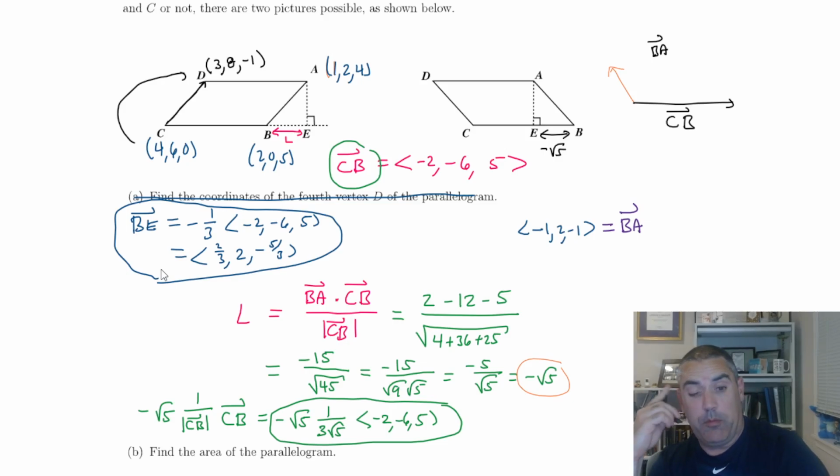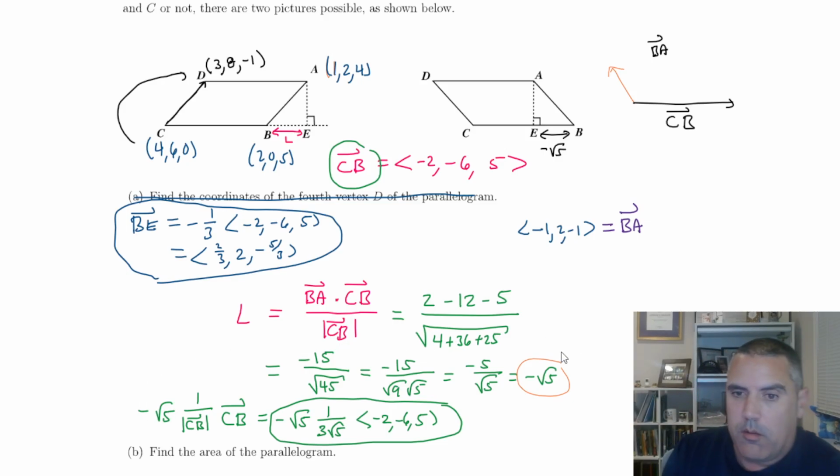And again, a formula would be fine. This is the component projection and this is the vector projection, but I really just think of it as a rescaling of that vector. The fact that there was this negative here is another reason that I know it's pointing the other way. Now that I have that, I know how to get from B to E. That's usually the confusing part because we've already done so much work.